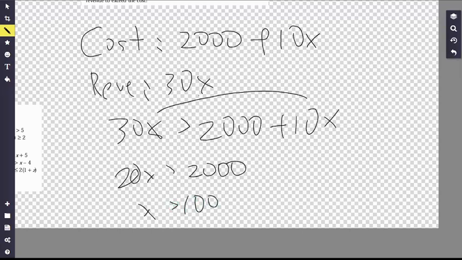Right? Yeah. Okay, so for our revenue you will write your concluding statement. Therefore, for revenue R to be bigger than cost, we need x to be bigger than 100. And then that is pretty much it. Yep, that is all the examples that I want to show you.